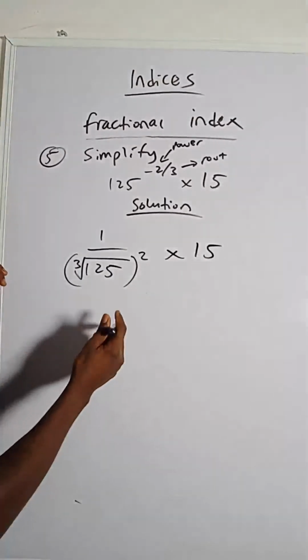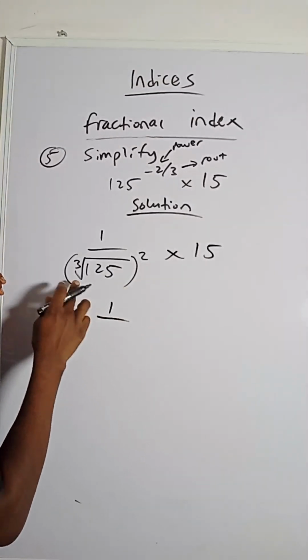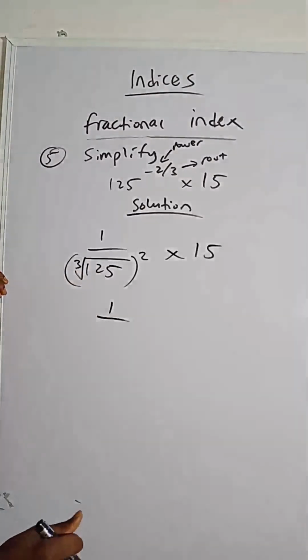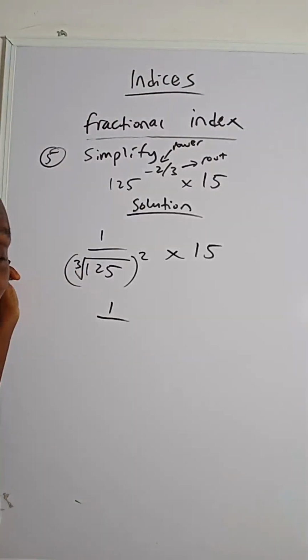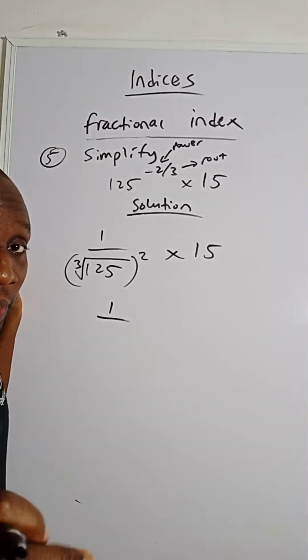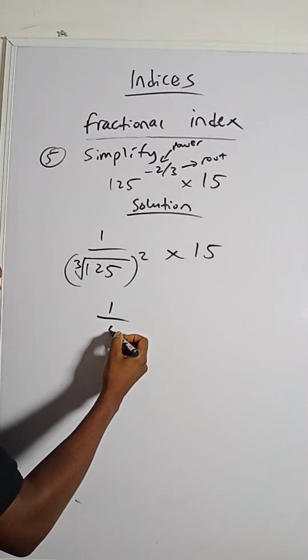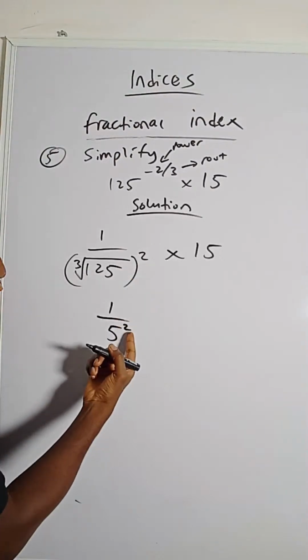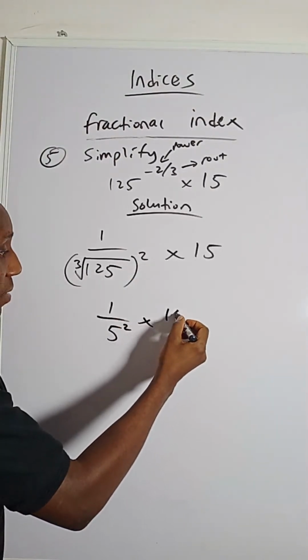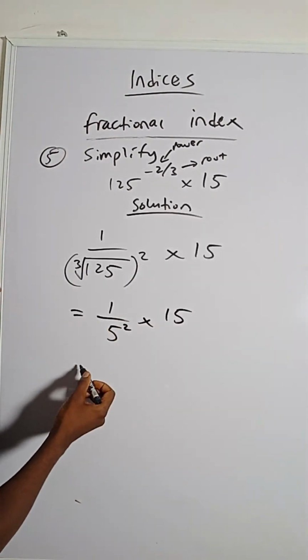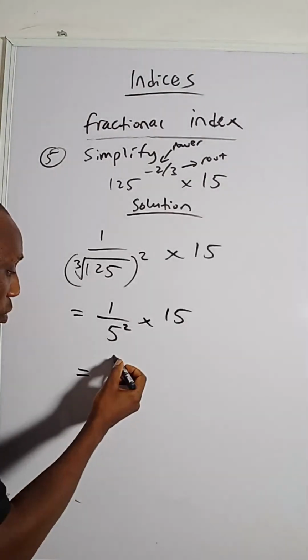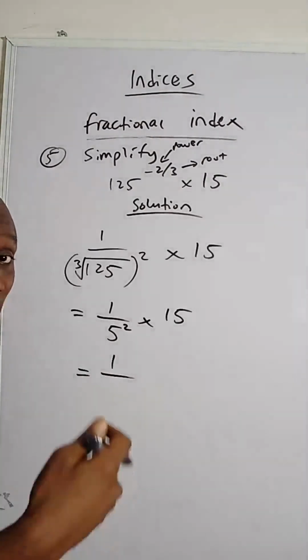Let's keep going. So this is going to be 1 over. What is the cube root of 125? That's 5, because 5 times 5 times 5 is 125. So that's 5 squared. The squared from here times what? 15. See that? So what would this be? That would be 1 over. What is 5 squared? 5 times 5.